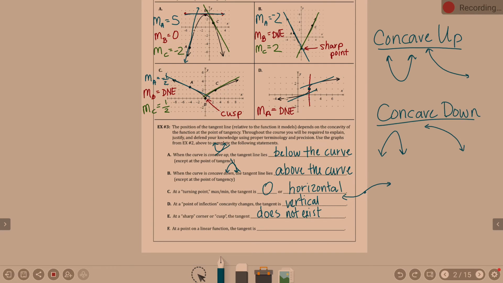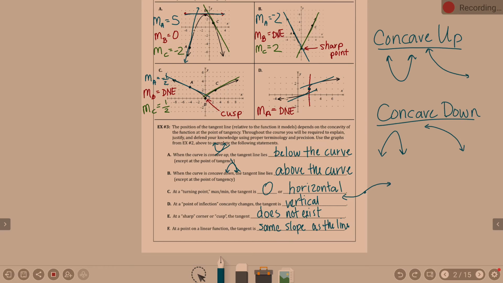Okay, so at a point on a linear function, the tangent has the same slope as the line. However you want to write that.